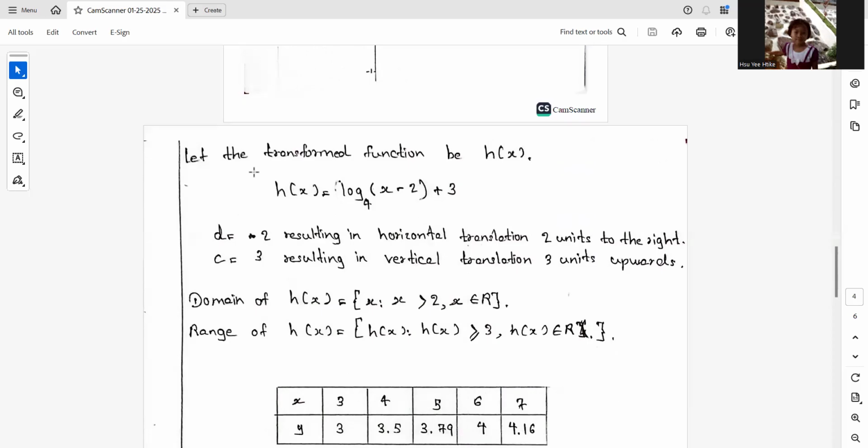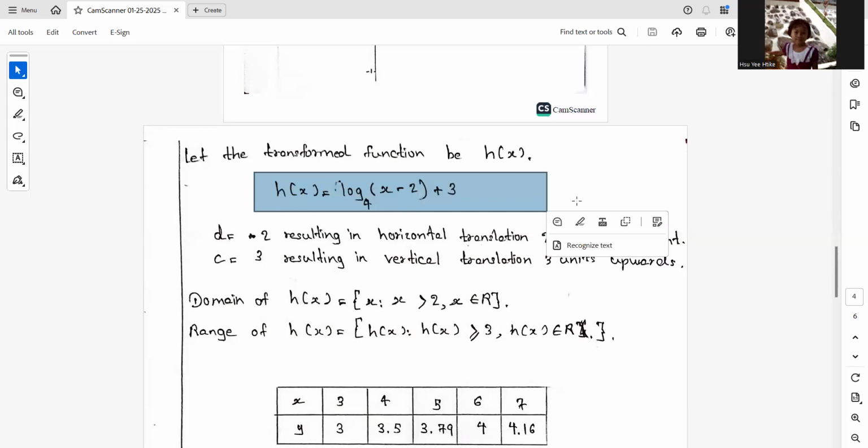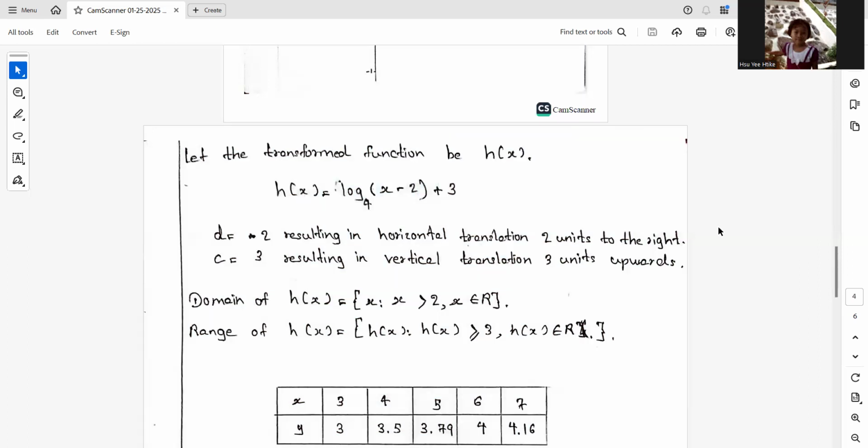By looking at the equation of h of x, we get the value of d is equal to 2 and the value of c is equal to 3. So d equal to 2 results in a horizontal translation 2 units to the right, and c equal to 3 results in a vertical translation 3 units upwards.